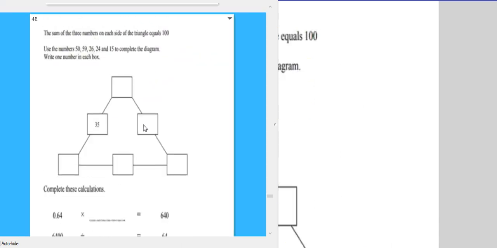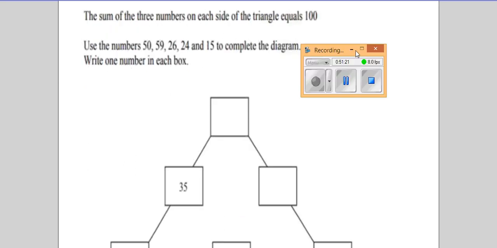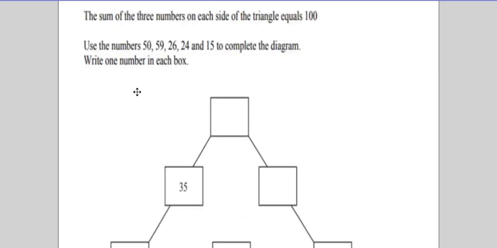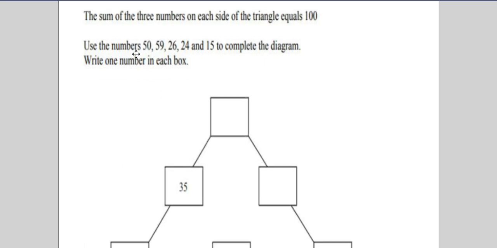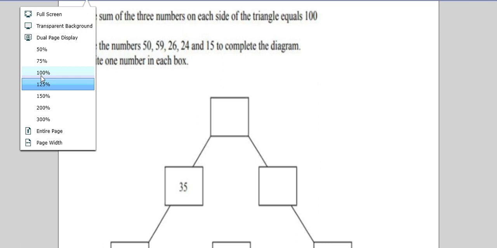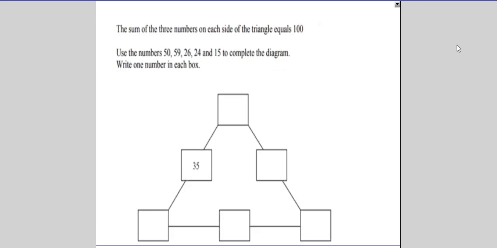Okay, then let us go to this question over here. Let me try to zoom out. The sum of the three numbers on each side of the triangle equals 100.